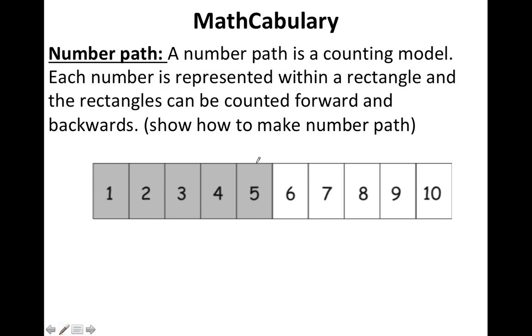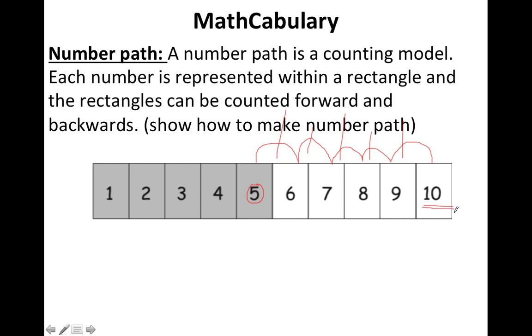So we count forward by showing jumps like this. Imagine I started off in 5 and I'm making jumps all the way up to here. So you have to figure out how many jumps I made. I made 1, 2, 3, 4, 5. 5 jumps and I landed on 10.